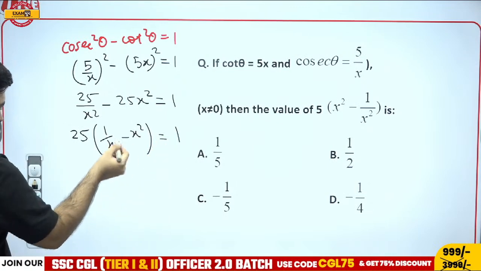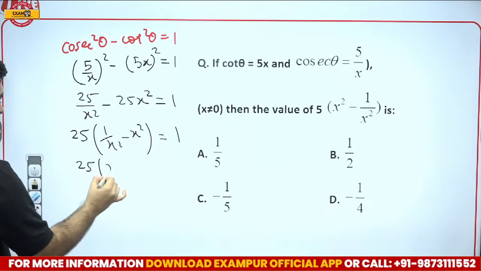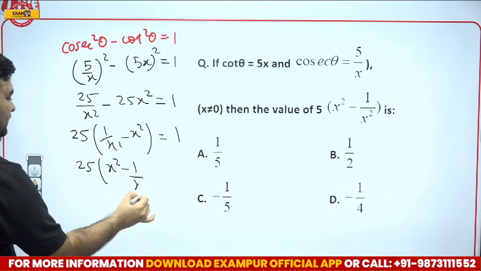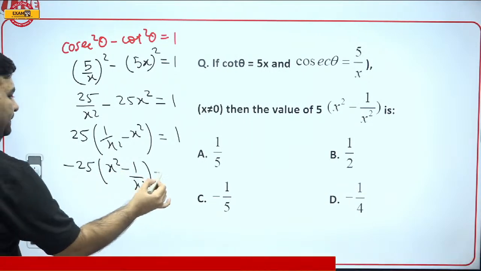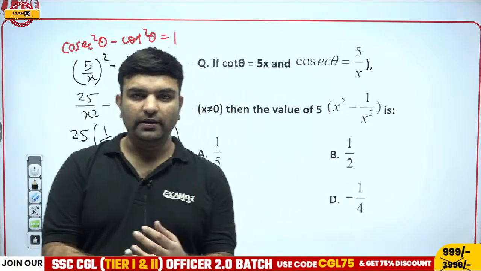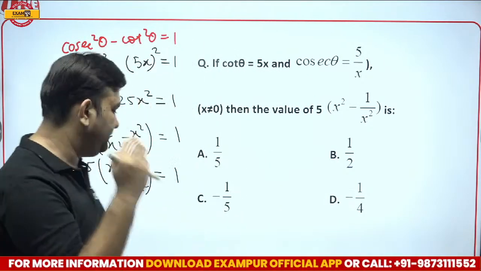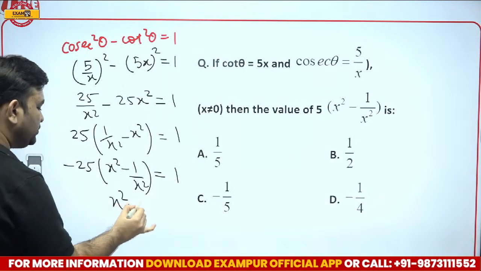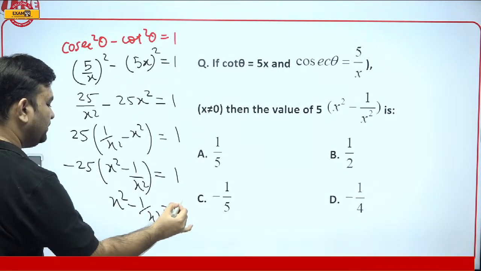So make it in the form x square minus 1 upon x square. Take minus common. So x square minus 1 upon x square is minus 1 by 25.